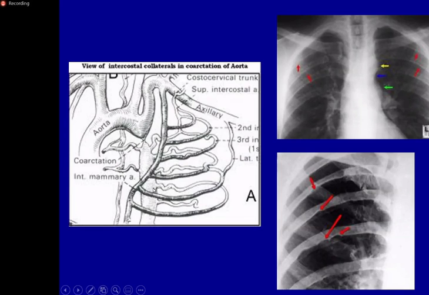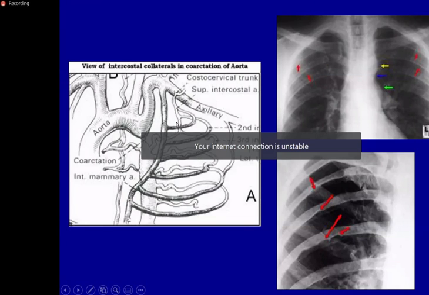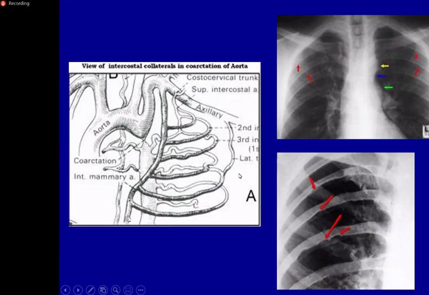Originally they have to come this way around, but the pressure in this part is high, so it begins to pump blood in the reverse direction. As a result, these intercostal vessels increase in size, and then they obstruct the growth of the ribs and cause notching of the ribs.